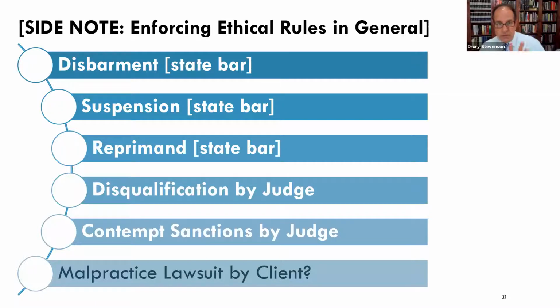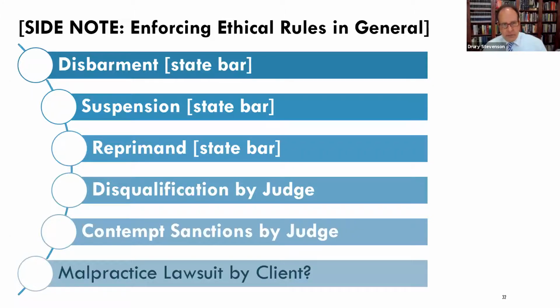What they're talking about there is the state bar disciplinary authority, which some states call their grievance committee, other states just call the state bar, and some call the lawyer disciplinary office. We call it the Office of Disciplinary Appeals, or disciplinary counsel.